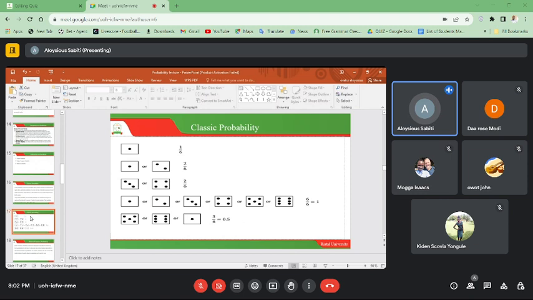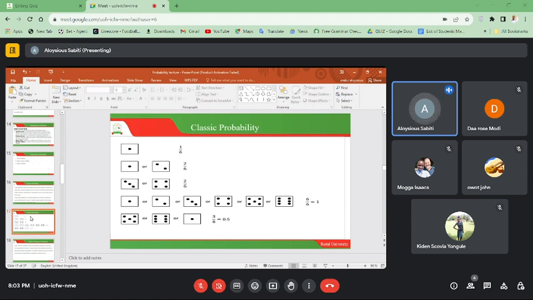So the probabilities are half in that regard. Here we are looking at the probability that you toss a three or you get a four, and the probability still remains the same for all the outcomes.